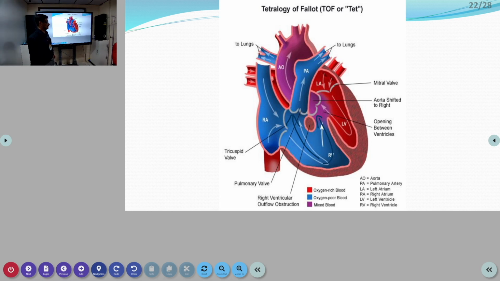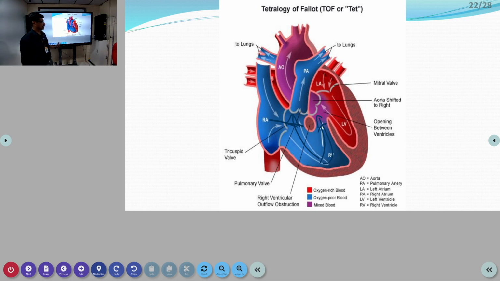The classical feature in TOF is the cyanotic spells, where whenever the patient develops fever or pain or sudden excitement, or in infants after feeding or after extensive crying, there is an increase in the stenotic right ventricular outflow obstruction. So when the obstruction in this area increases, more blood gets diverted towards the aortic region, and when it mixes with the left ventricular outflow blood, it becomes a deoxygenated and oxygenated blood mixture, which results in the cyanosis.